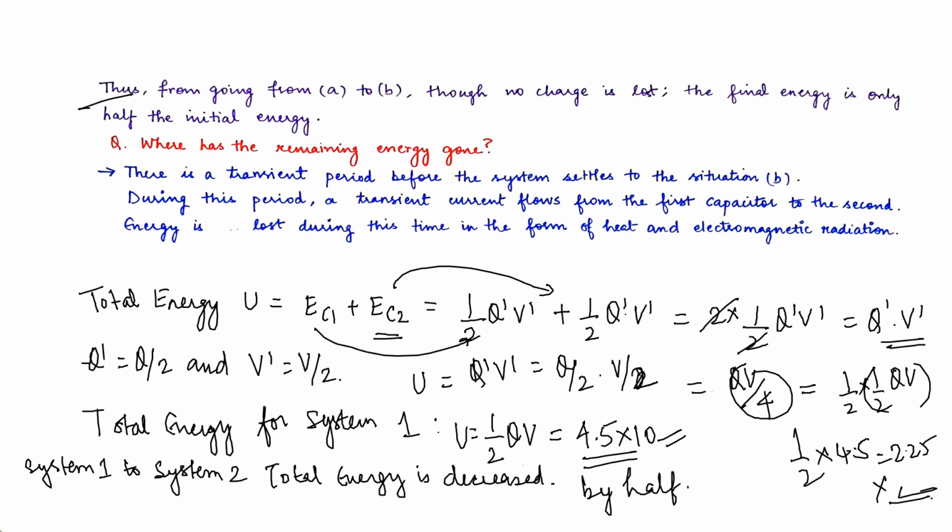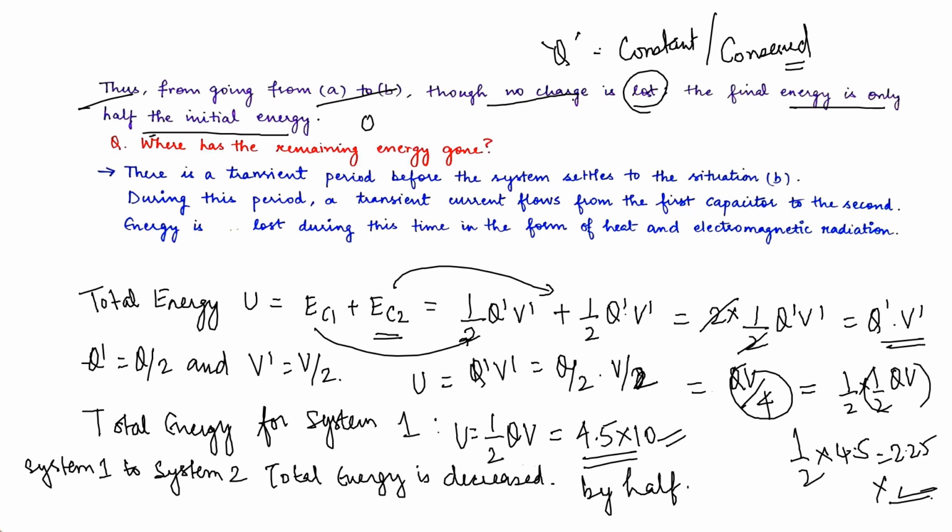Thus going from A to B, no charge is lost. Charge is conserved. Conserved is a better term to be used. Final energy is only half the initial energy. There is only change in energy. So the question arises, where has the remaining energy gone?